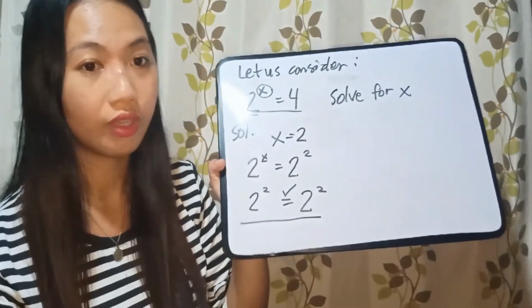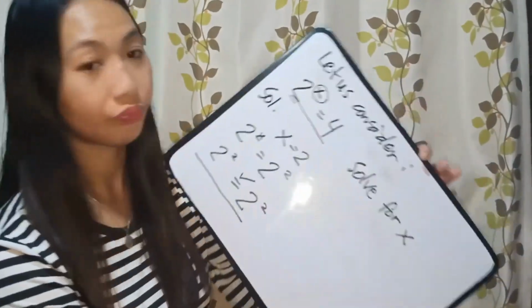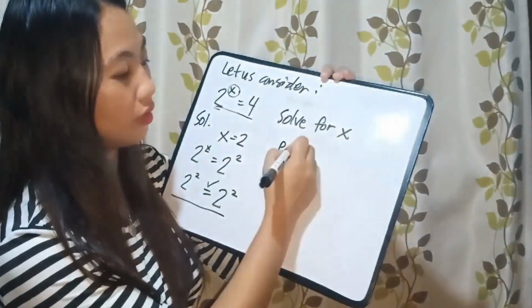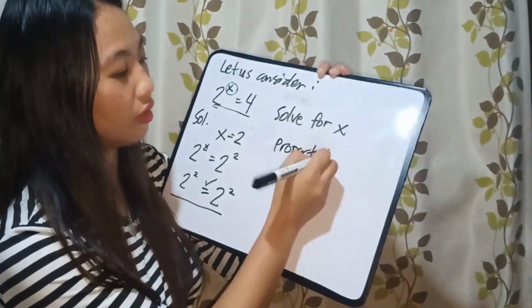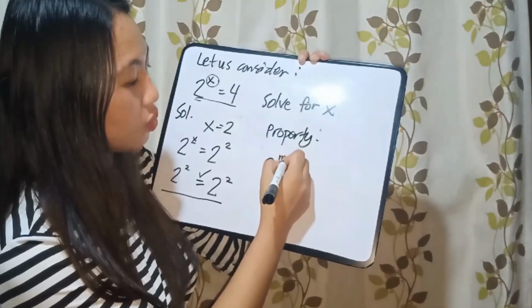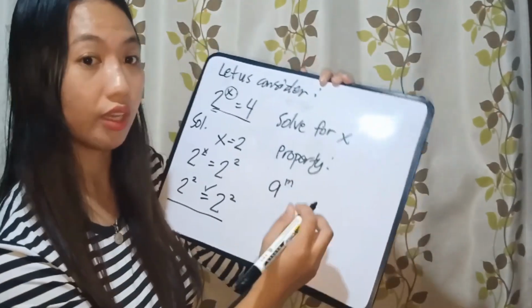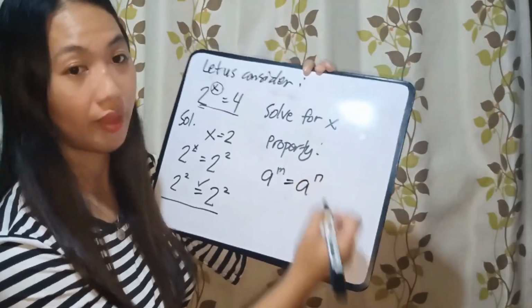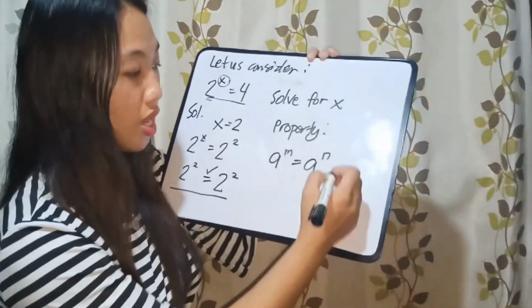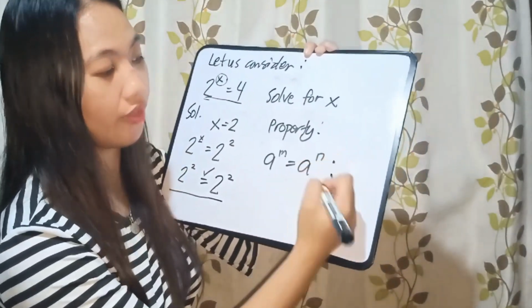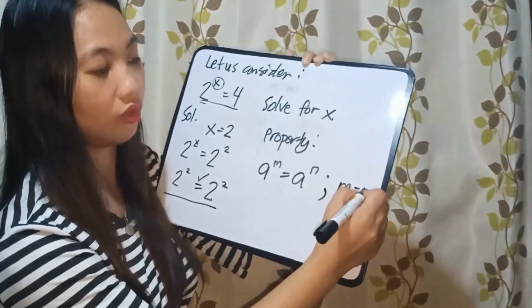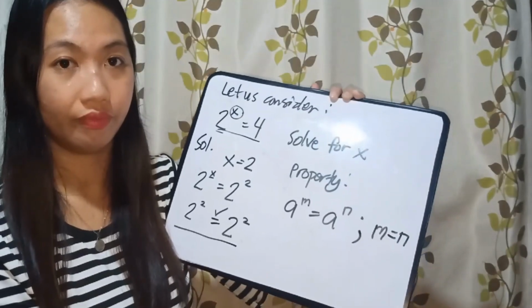Okay, you got it? So this property is what will be called a raised to m is equal to a raised to n, but if and only if m is equal to n.